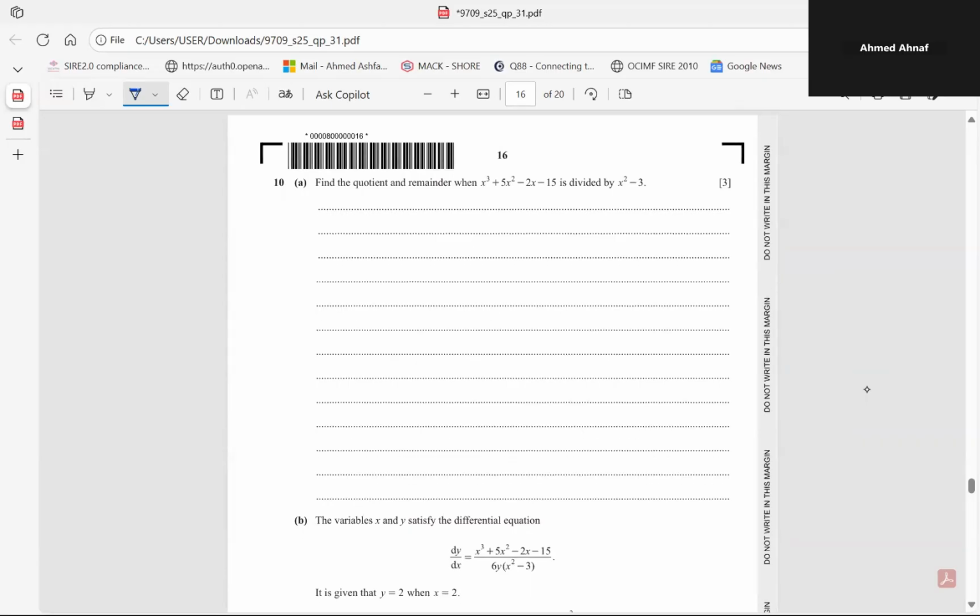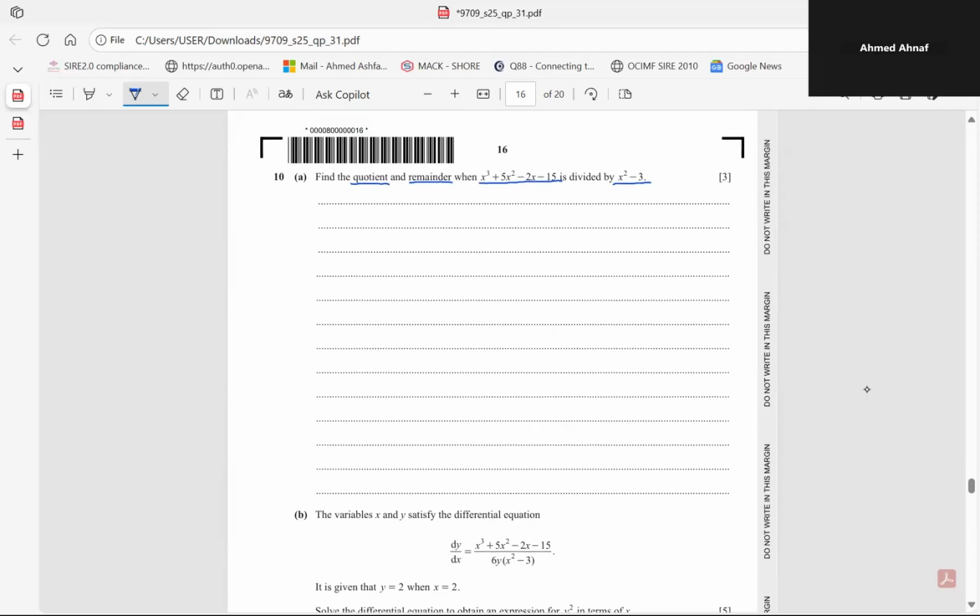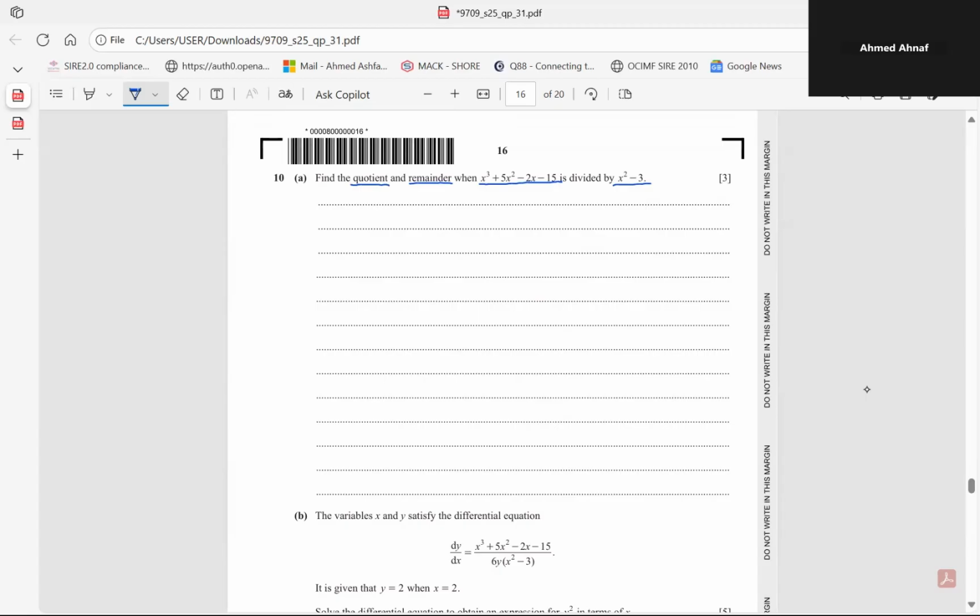Okay, so here we have to find the quotient and the remainder when this whole polynomial is divided by x squared minus 3. First of all, we have to do long division.